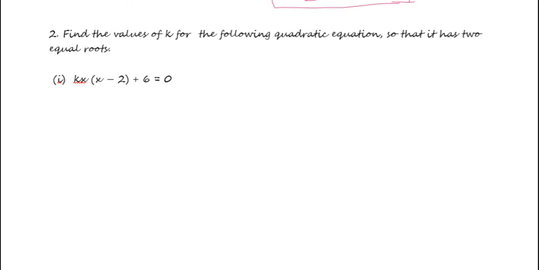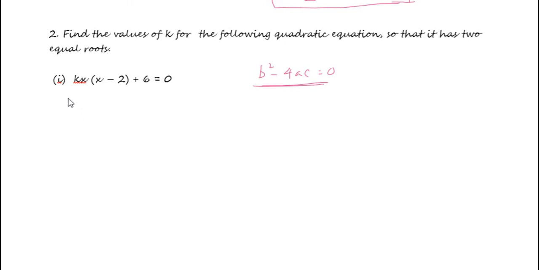Find the values of k for the following quadratic equation so that it has two equal roots. A quadratic equation has equal roots when its discriminant b² − 4ac equals 0. So this is the condition.